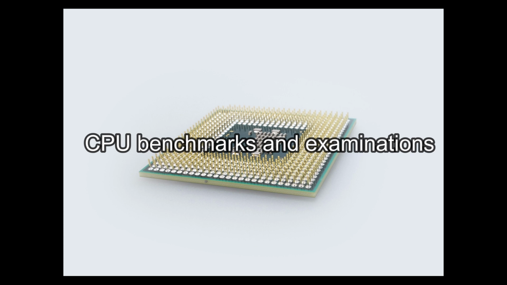For instance, the Intel Core i7 CPUs are ideal for gaming and content creation, while the AMD Ryzen CPUs offer more cores for multitasking and productivity. CPU benchmarks and comparisons can help you pick the right processor for your requirements and ensure that you're getting the best performance for your budget.